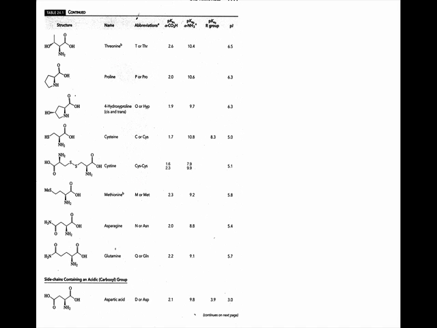We have proline. How does proline differ from the other amino acids? It's cyclic, that's right. And what type of amine did we have for all of the other previous ones? Yeah, it was a primary amine. Proline, however, is a secondary amine, and it turns out that's kind of important.